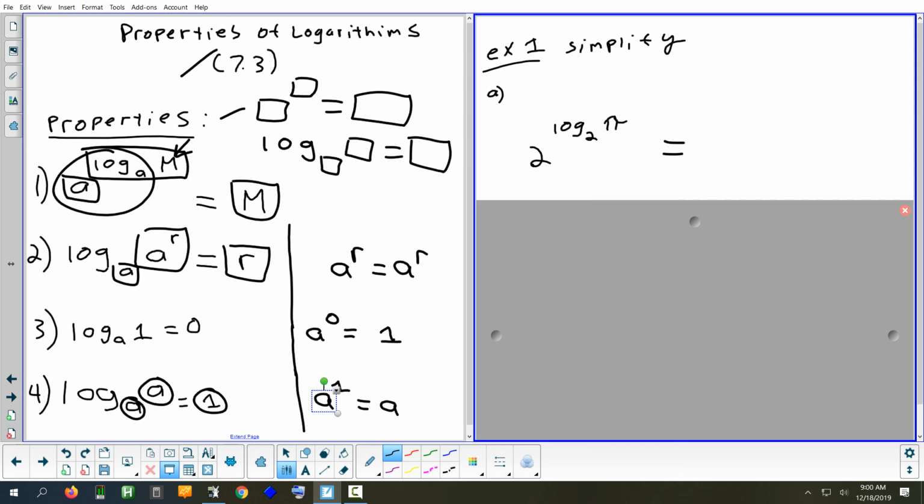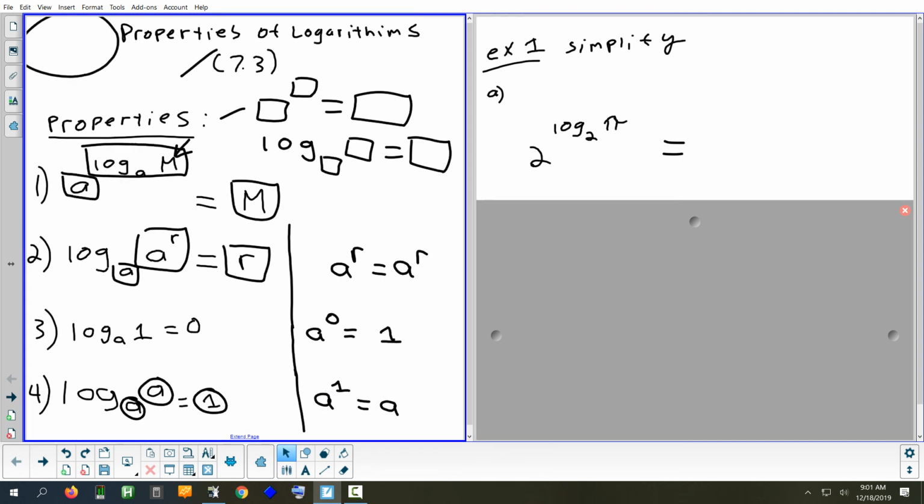So Abigail, if you look at example 1a, which property does that one look similar to? Exponential. 1, 2, 3, or 4. Yeah, it is property 1, and it is an exponential equation. So it looks like property 1.